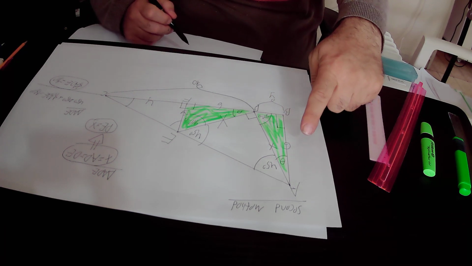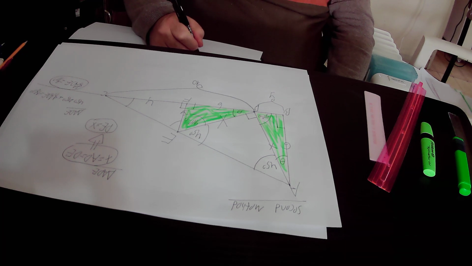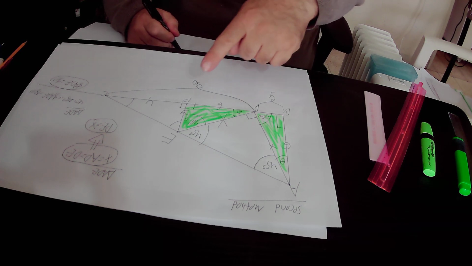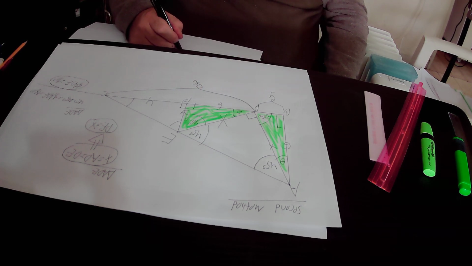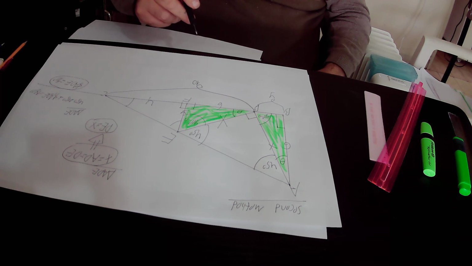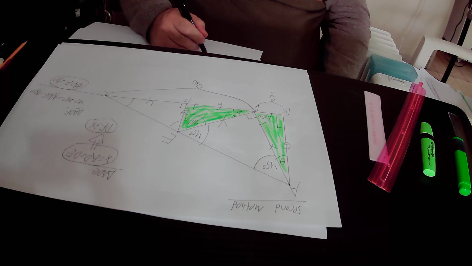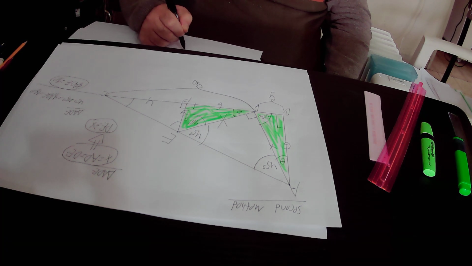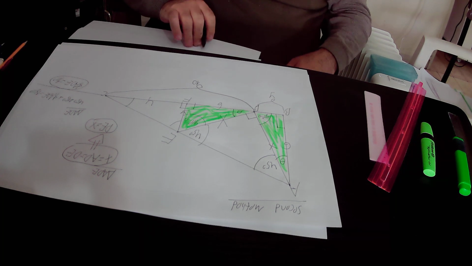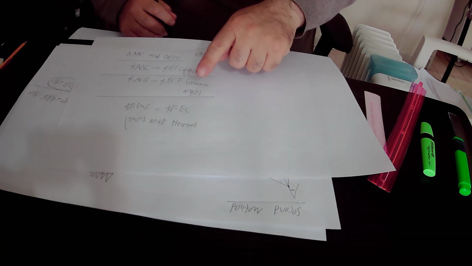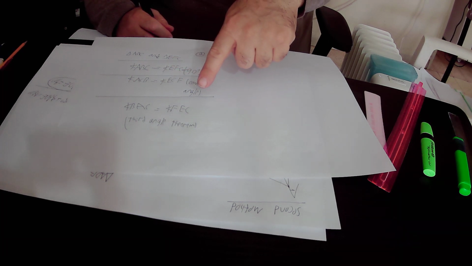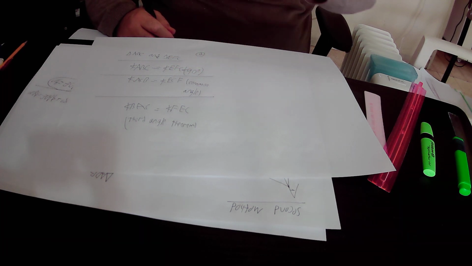So here angle BAC is equal to angle FEC, and those two angles are equal to each other according to the third angle theorem. I'll repeat again. Angle BAC equals angle FEC according to the third angle theorem.